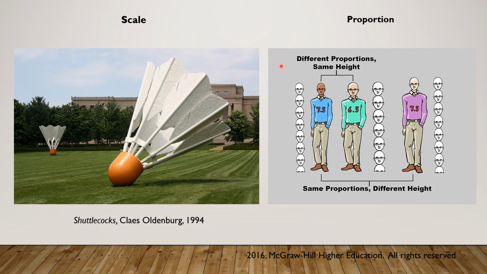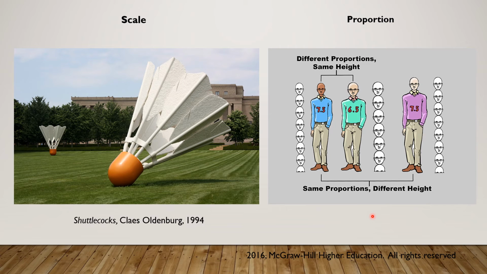And proportion is probably the most prominent when we're talking about drawing the human figure. But even if you were drawing something like a coffee pot, you would want to have the base of the coffee pot and the handle and the spout, you want those to be all in correct proportion.